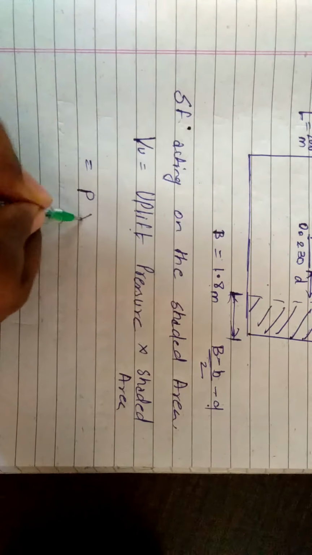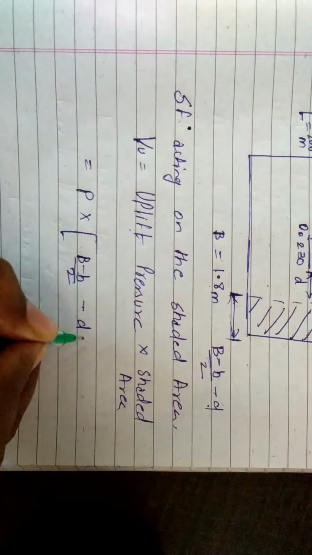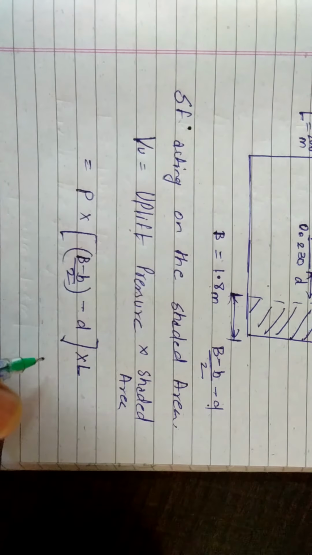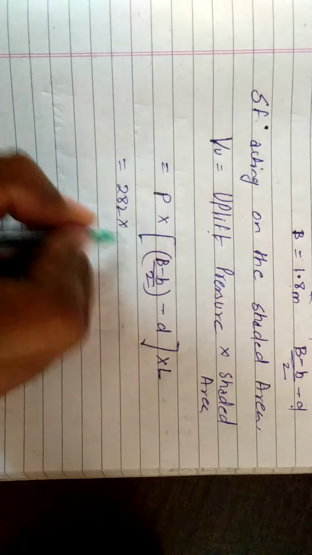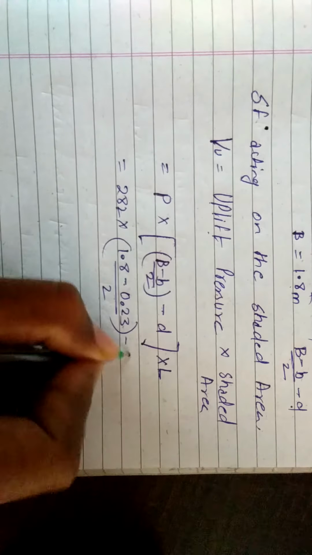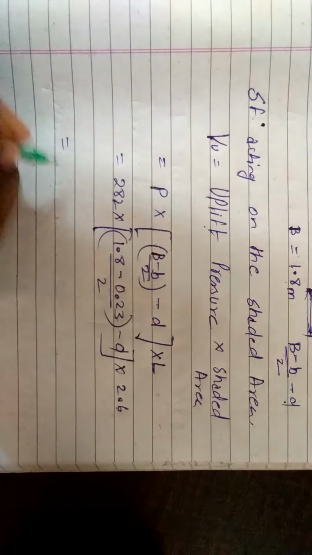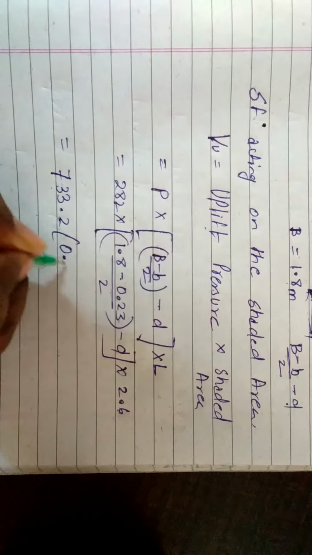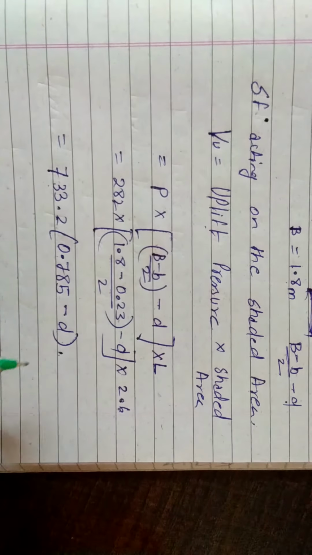Put the value of p into, in bracket, capital B minus small b divided by 2 minus d, in bracket, into L. That is equal to 282 into 1.8 minus 0.23 divided by 2 minus d, into L which is 2.6. Here we get the equation 733.2 into (0.785 minus d), and this is our equation.